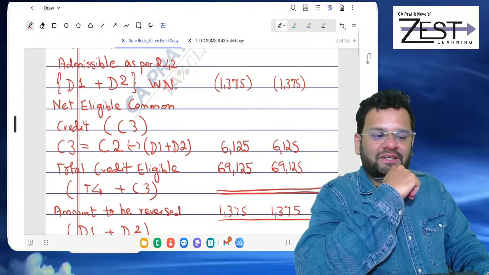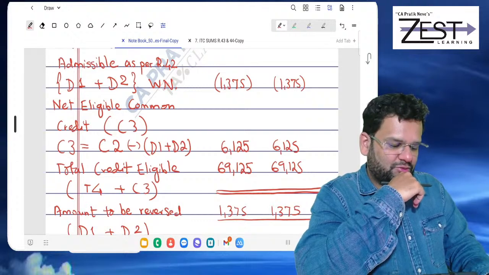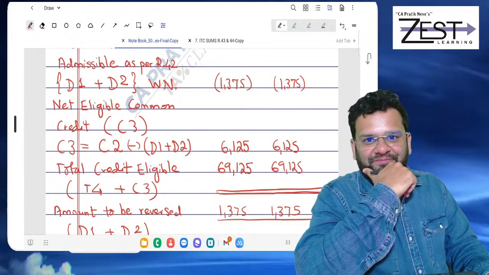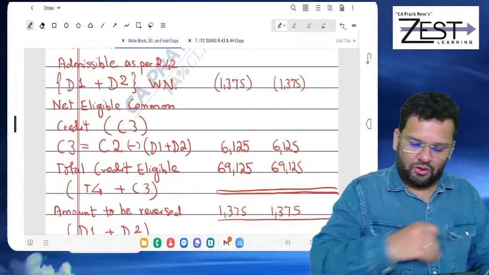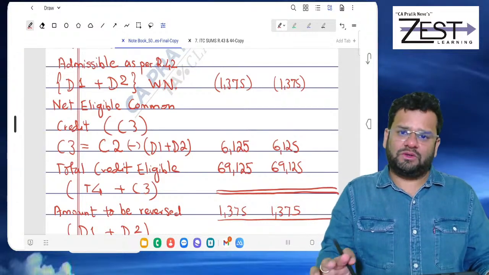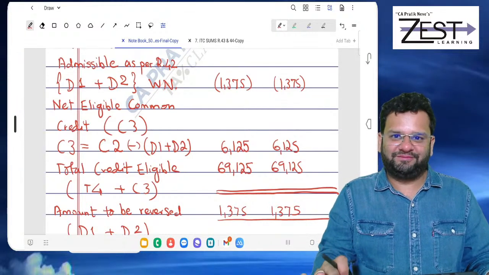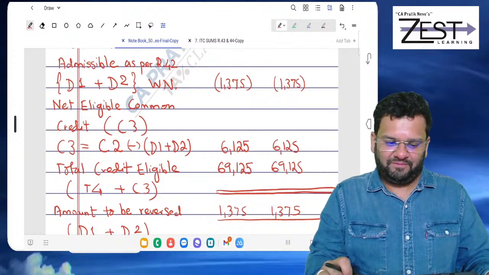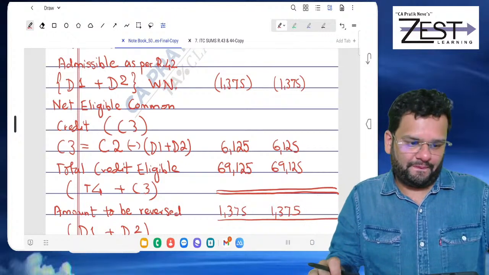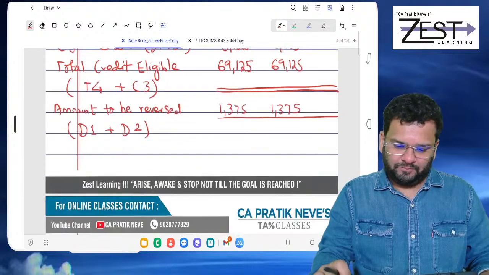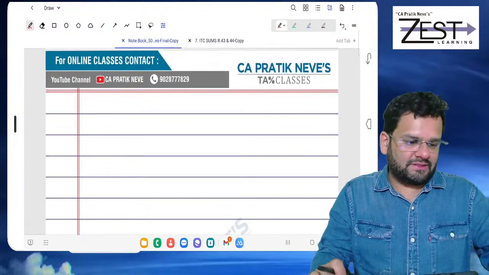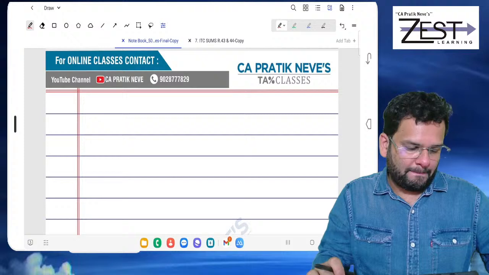Ashima is saying done. What about Mahalakshmi ji? Okay. Are you comfortable till this point? Fine. If yes, let us go ahead.